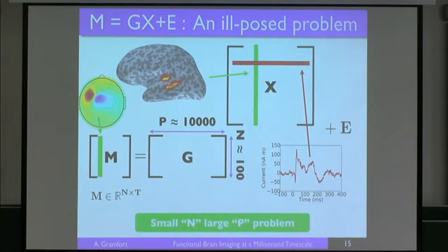It is not an implicit operator that you may see in image processing. It's really a dense matrix that comes out of your boundary element method. And of course, you have some additive noise that is actually the noise coming from the sensors, but also coming from the rest of the brain that does not shut off completely when a specific brain region is involved in the task.